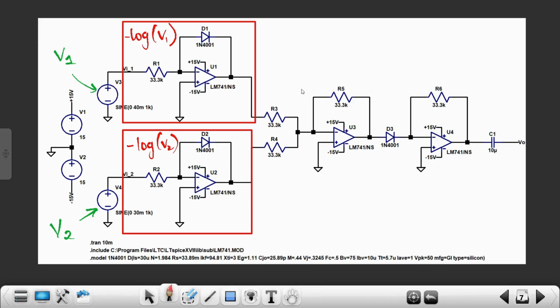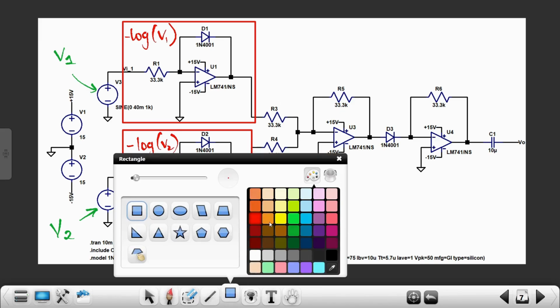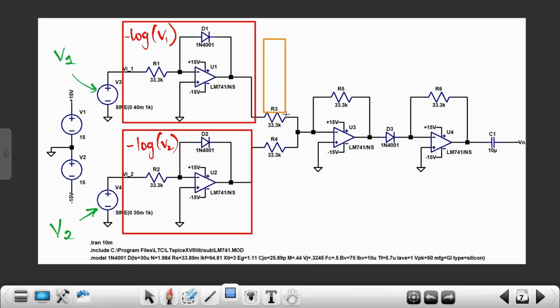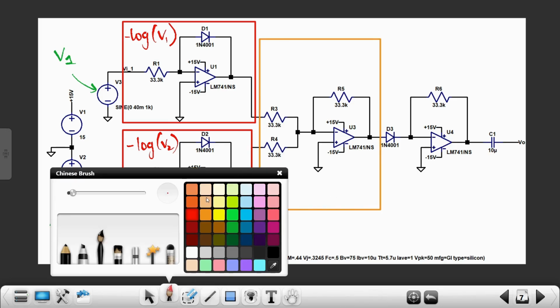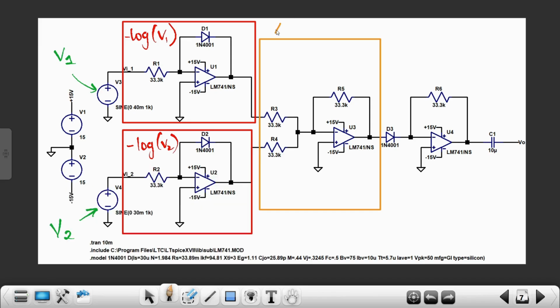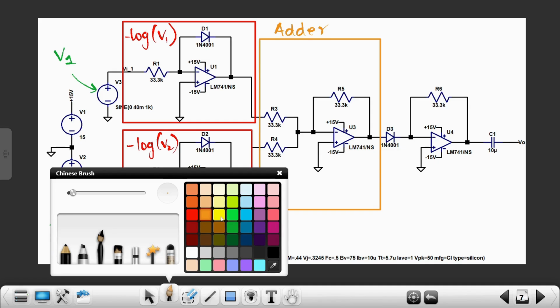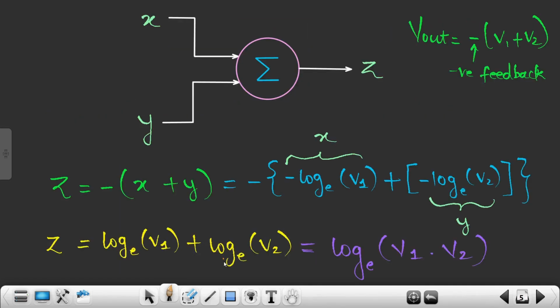And then we have the summing amplifier or an adder, right? So this is my adder or a summing amplifier, and what we will get is this particular term, minus of X plus Y, or rather Z, log of V1 times of V2, right?